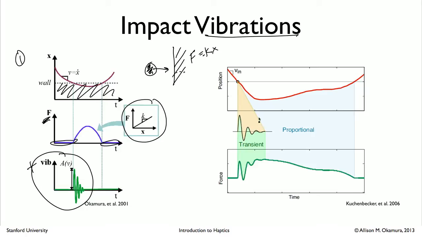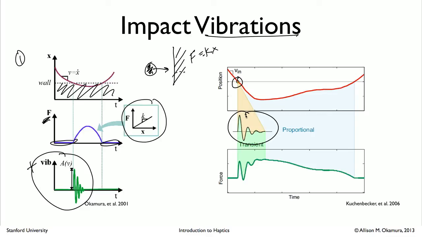This picture over here actually shows how they're added together. So here's another position versus time plot up here. And the idea is that upon this onset of contact with the virtual wall, you play a force. And that force is not just the F equals kx part, which gives you something proportional to the motion of the user.